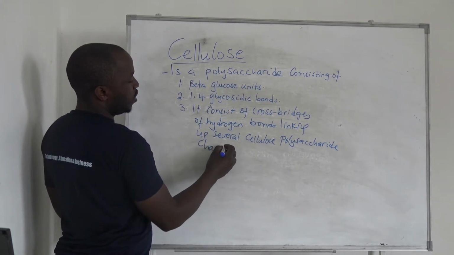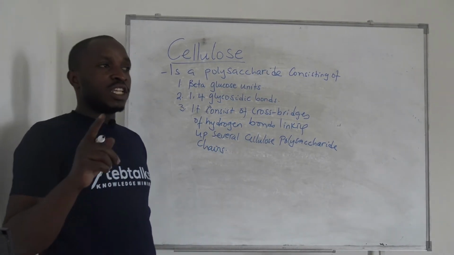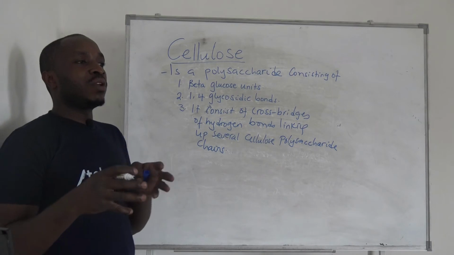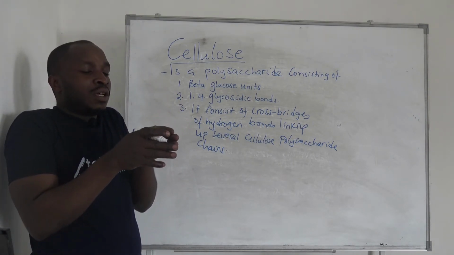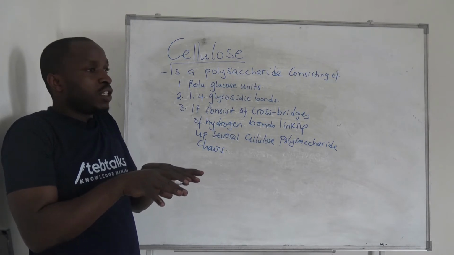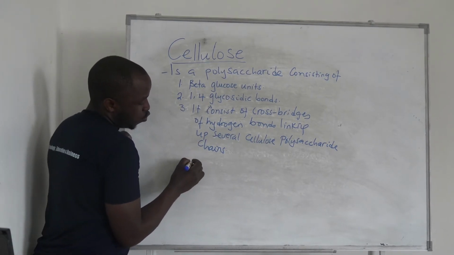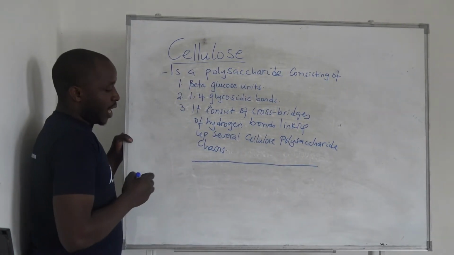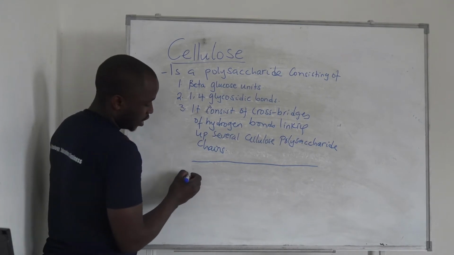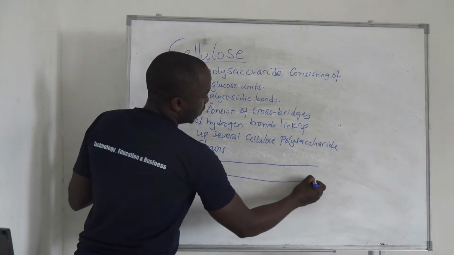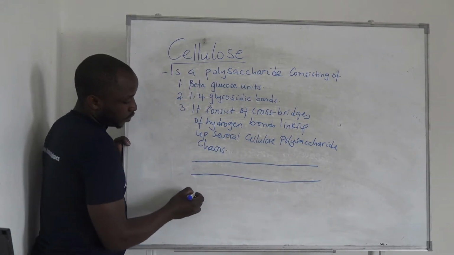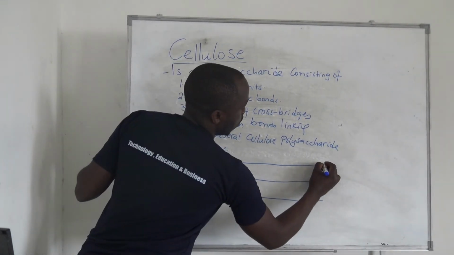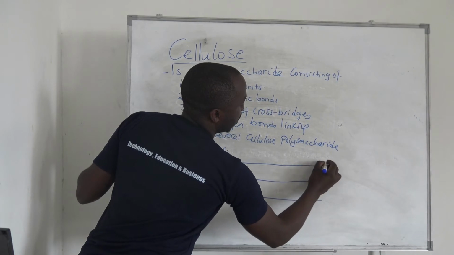So cellulose does not exist singly, but rather a collection of several polysaccharide units linked up together by hydrogen bonds. So if this is one chain, a cellulose polysaccharide chain, another cellulose polysaccharide chain is also running parallel to it. Another one is running parallel to it.